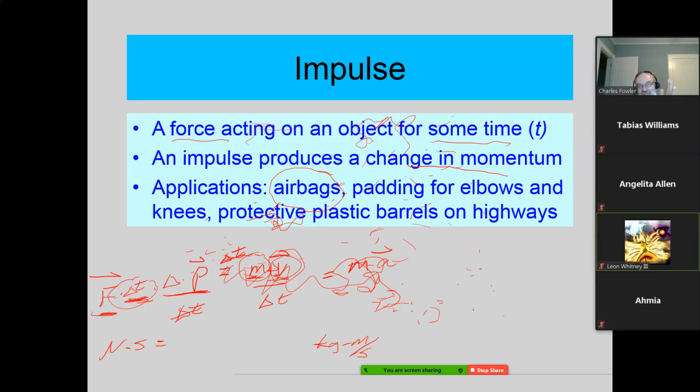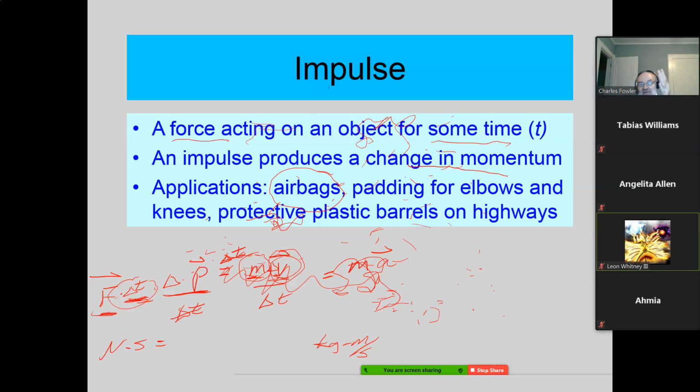A much larger time interval, much smaller force. In fact, quite often there are no injuries. Even when you're going at a fairly high rate of speed and the airbag deploys, as long as you're not going too fast, you can usually escape with very minor injuries. Same thing goes for padding. Remember the gymnast?